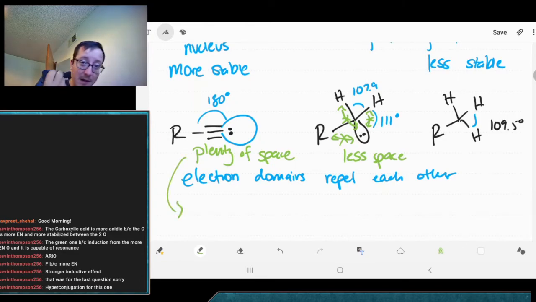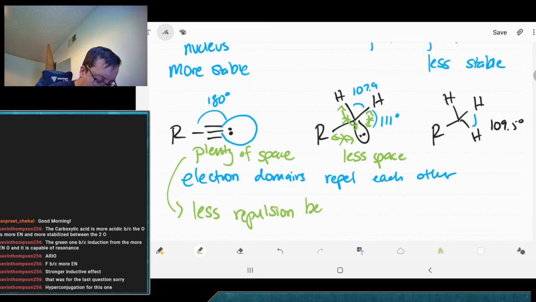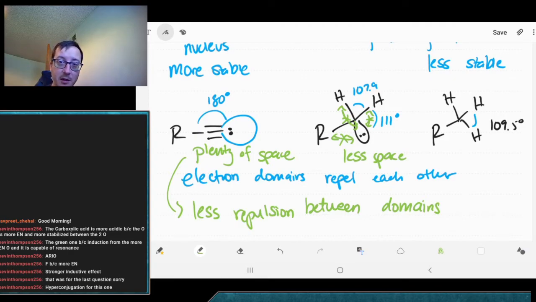But really what I mean here is that there's less repulsion between domains here. So we don't have a lot of stuff in the way of our sp hybridized carbon bearing the lone pair versus we do on an sp3 carbon.